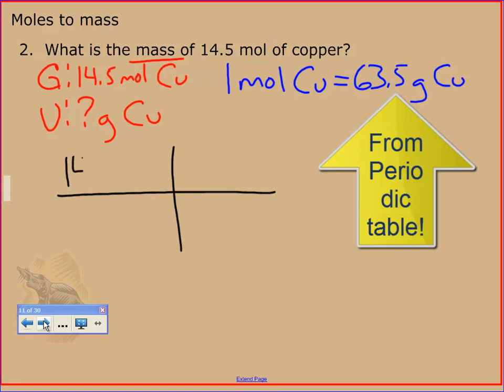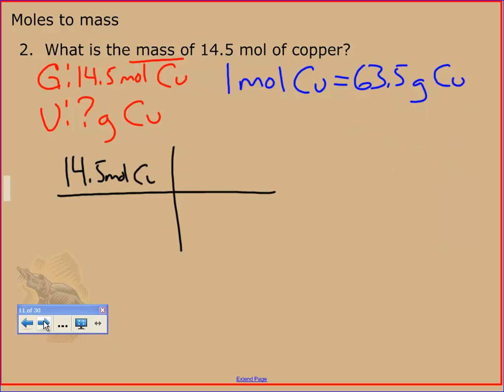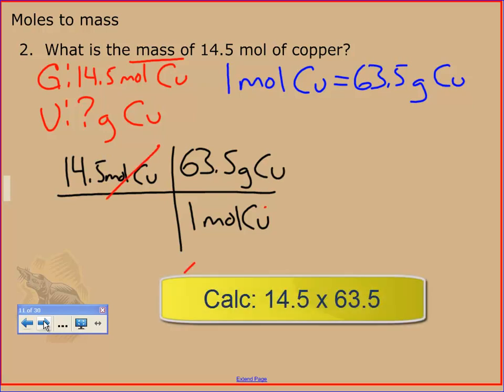Set up our railroad tracks. Put the given 14.5 moles of copper. We want 1 mole of copper on the bottom, and at the top we want 63.5 grams of copper. That's the other part. And remember, that's the gram atomic mass from the periodic table. Now in this case, we're going to cancel moles, and we multiply the numbers instead of dividing.